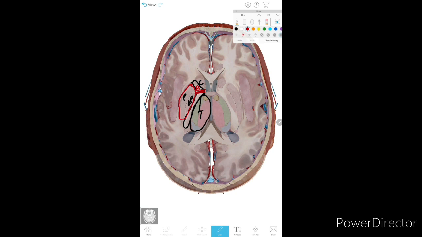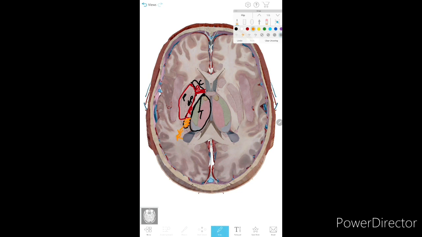The part lying between the thalamus and the lentiform nucleus is known as the posterior limb. Some part projects posterior to the lentiform nucleus, and so it is appropriately called the retrolentiform part.